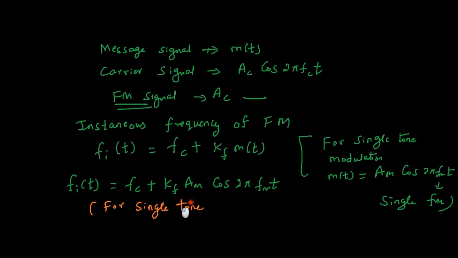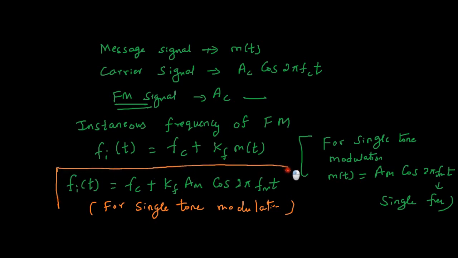For single tone modulation, the instantaneous frequency of the FM wave is this. The Fi of t is Fc plus Kf into Am cos 2 pi fm t, where Kf is the frequency sensitivity.